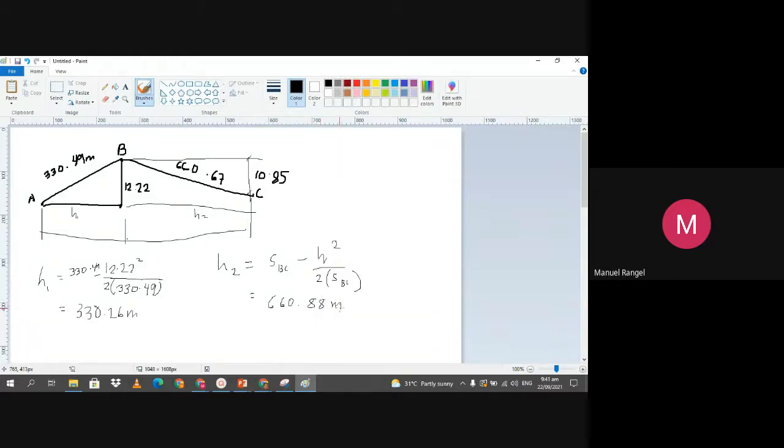So the total horizontal distance from points A, B, C, we just add H1 plus H2.